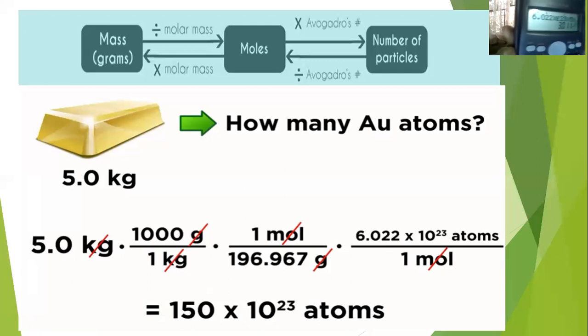Before you divide it with 196.967 here, then equal to, okay, that is now the answer. This is being rounded off. Therefore, that is 1.5 times 10 to the power of 23.